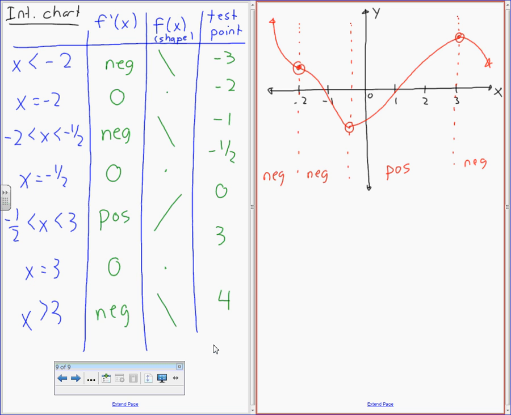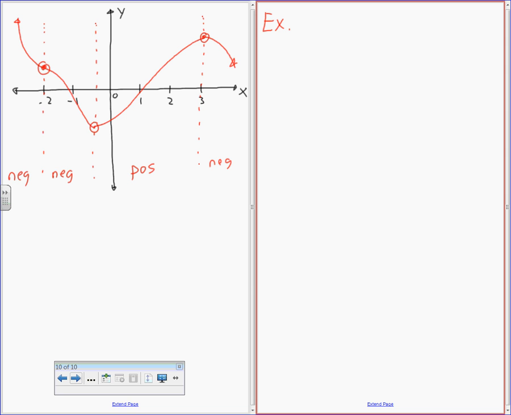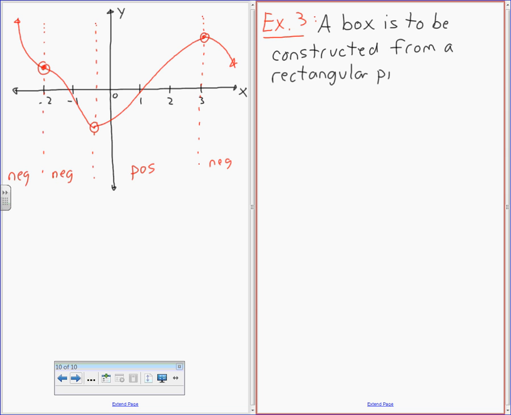All right, example 3. This is going to be the last one here. Example 3 says a box is to be constructed from a rectangular piece of cardboard that measures 12 centimeters by 18 centimeters.